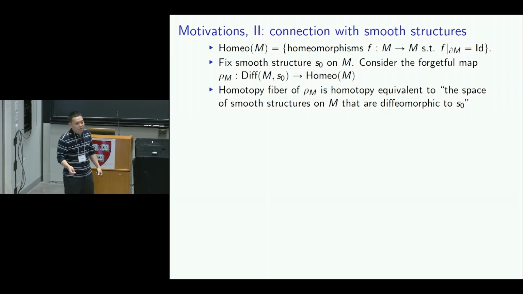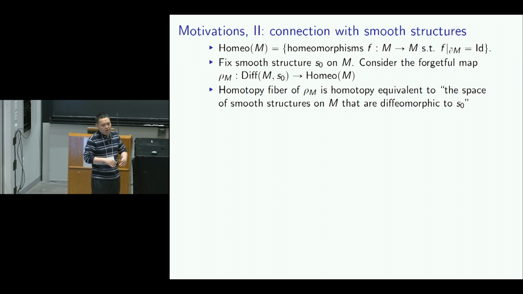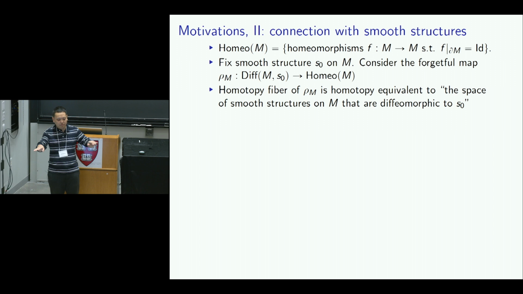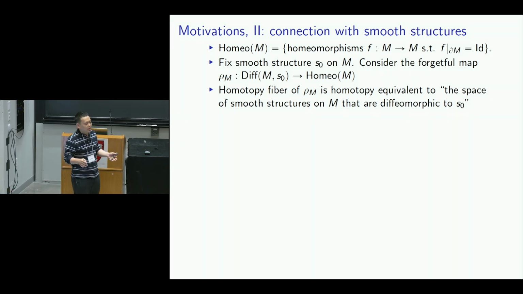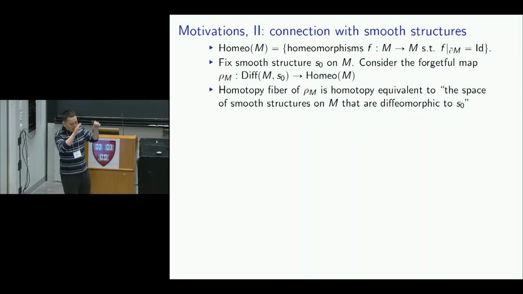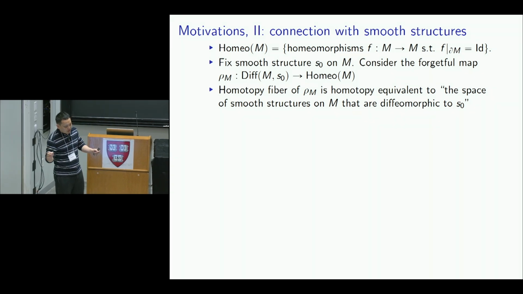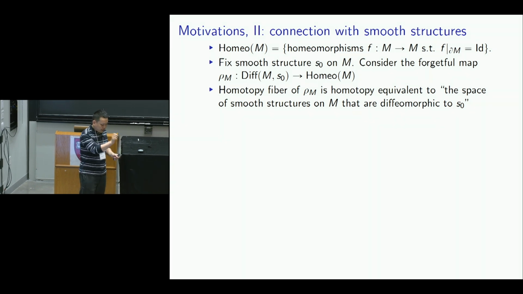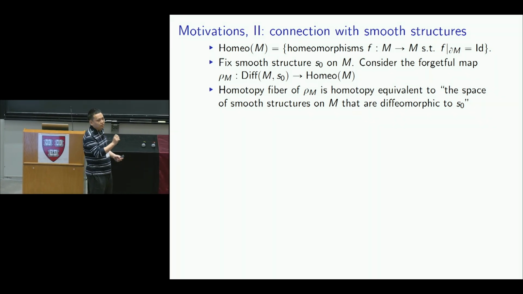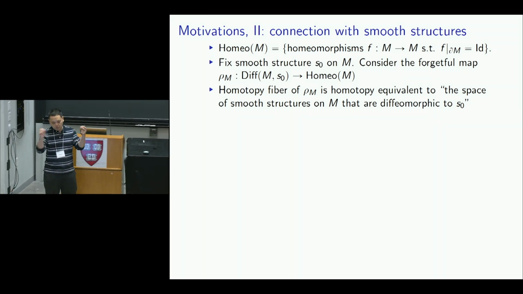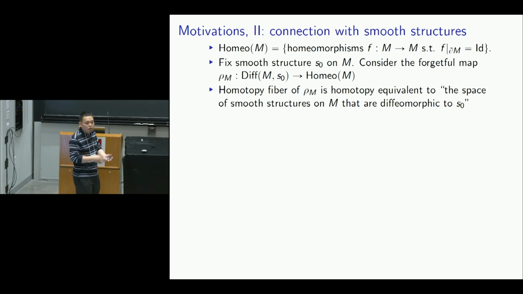That's one way to think about it. But here we are thinking of a smooth structure as a maximal compatible atlas, so basically charts. If you have two different atlases which are not compatible with each other, we do not treat them as the same object, even if they are related to each other by diffeomorphisms. By doing this, you don't just get some discrete set of isomorphism classes of smooth structures. Instead, you have a whole space of smooth structures, and we can try to understand the topology of this space.